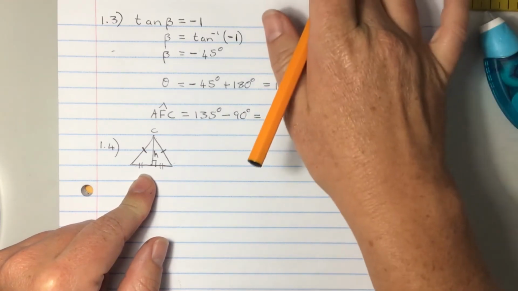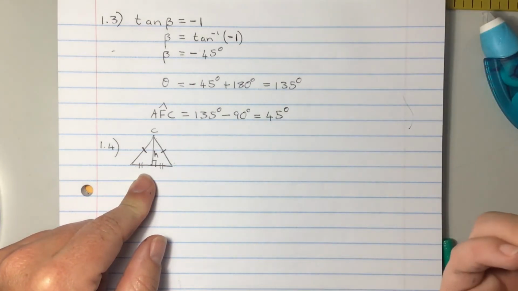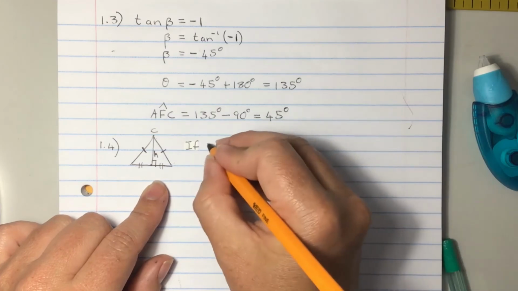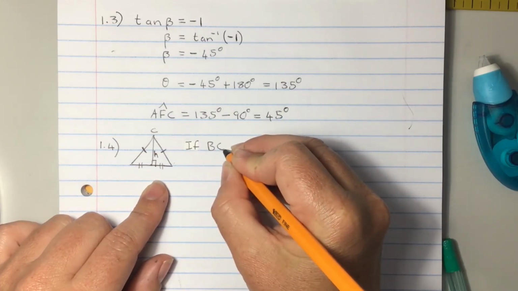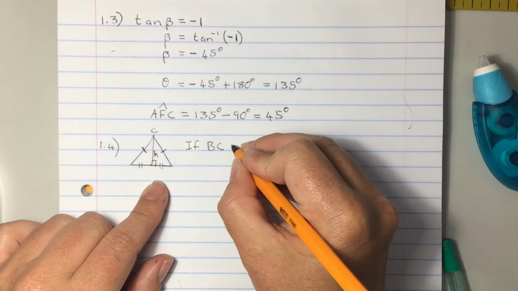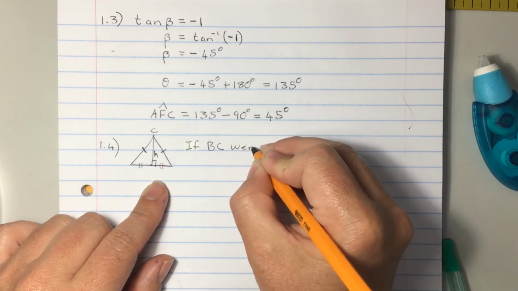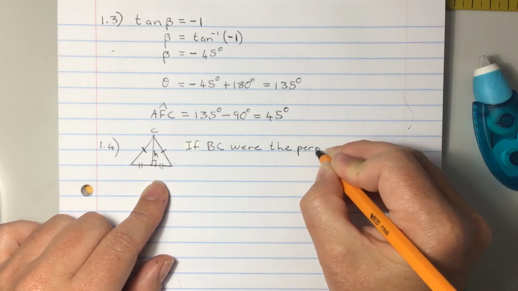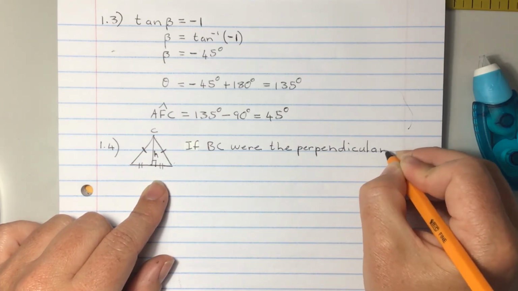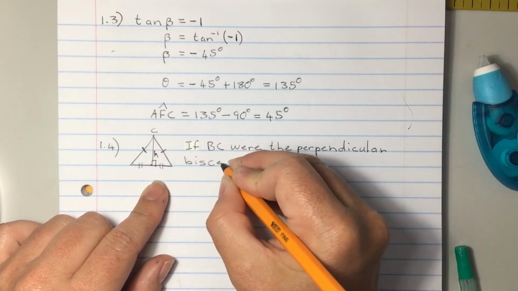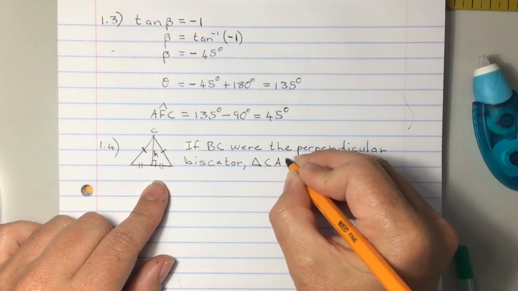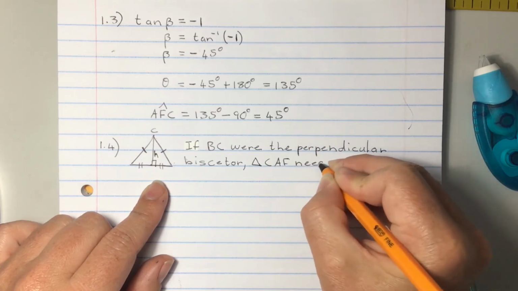So going back to the question, explain why the perpendicular bisector of AF cannot pass through C. We would say if BC were the perpendicular bisector, then triangle CAF needs to be what kind of triangle?